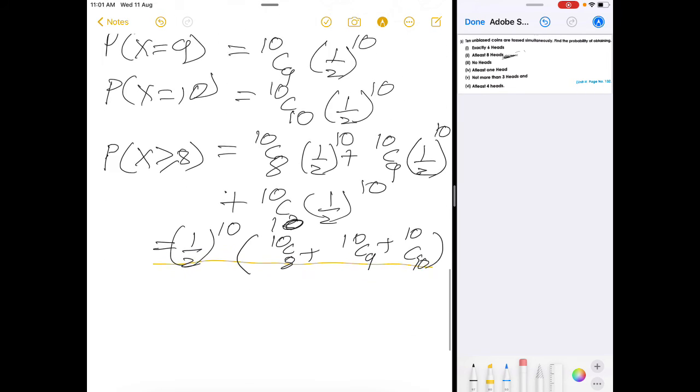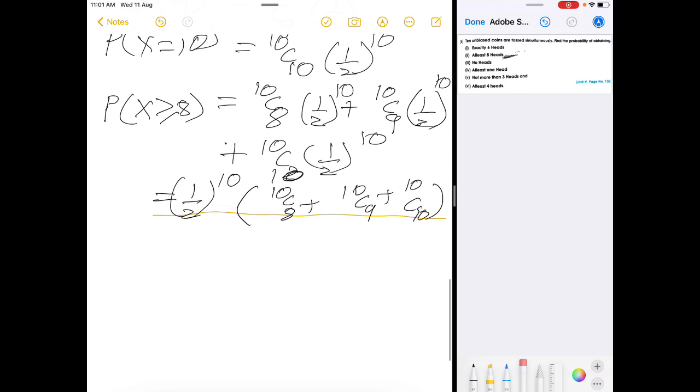Now for your information, 10c0, 10c10 or nc0, ncn will always get you 1. The simple answer will always be 1. So this becomes half to the power 10, 10c8.